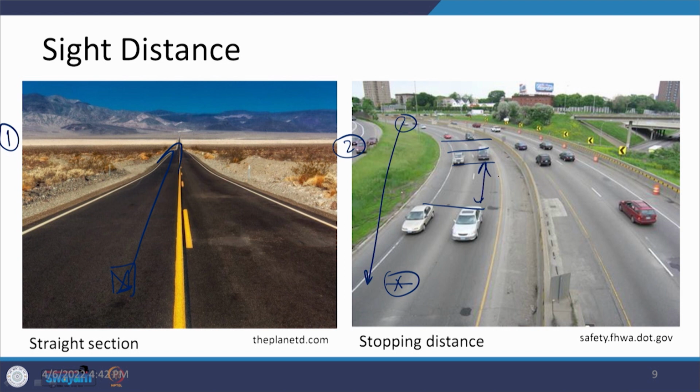A very good example of driving here, and if anything wrong happens to this vehicle and this vehicle stops, then the vehicle which is coming from the back has an opportunity to stop at this position without colliding with this vehicle, or it can change direction and trajectory, move this way and then come back to the lane. So, we need to have these distances, and the driver should be able to perceive and then react accordingly to the situation which is happening ahead.